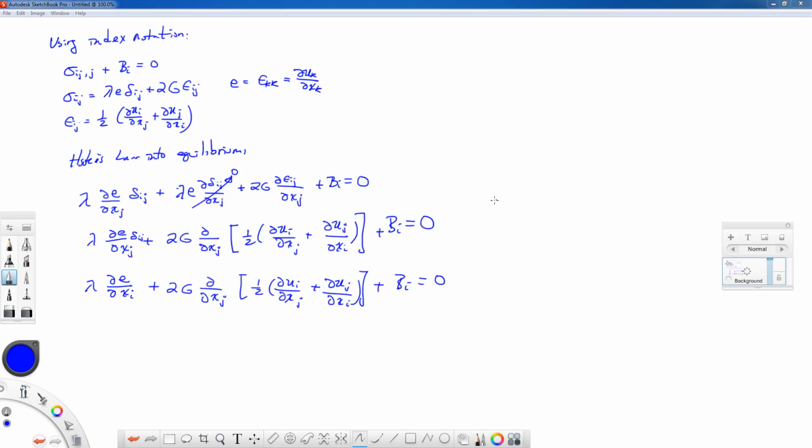Now the 1/2 and the 2 in the second term will cancel each other out. So let's rewrite this again one more time.